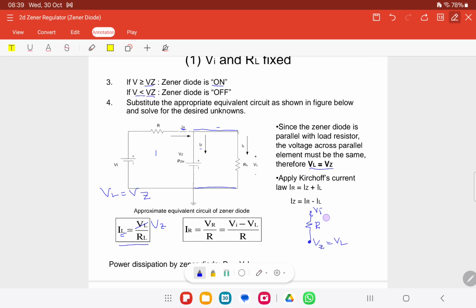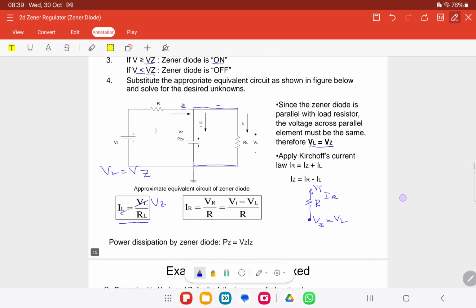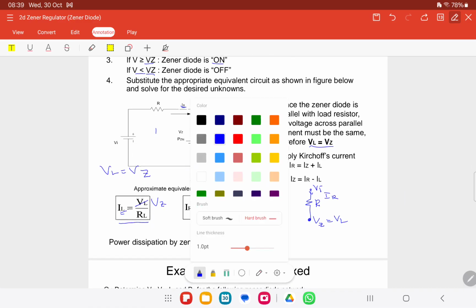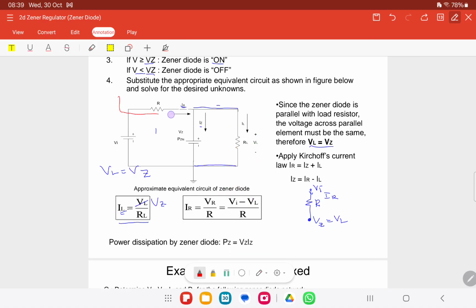So can we find IR? This is actually the same as this part here, right? IR is actually VR there, plus minus, VR over the R, right? This one.